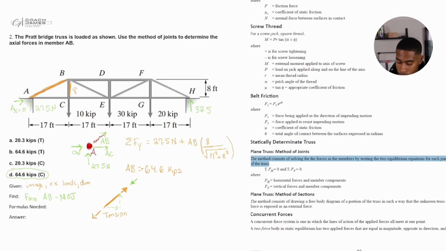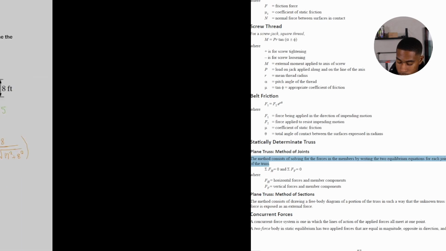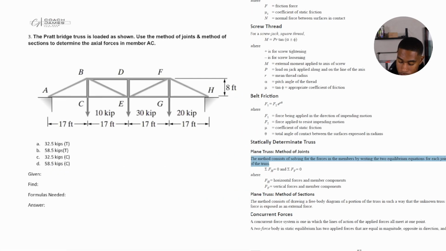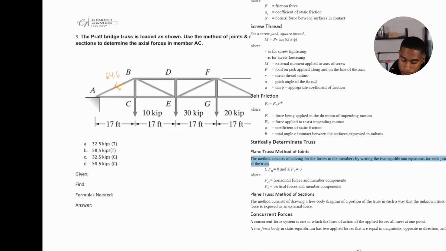So I know that AB is acting this way, and it is 64.6.